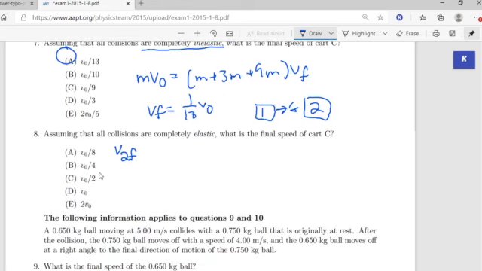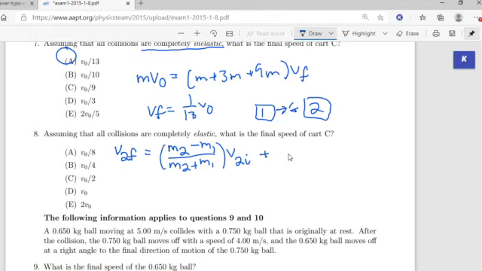And so the formula for that is actually, I believe, v sub 2 final equals m sub 2 minus m sub 1 over m sub 2 plus m sub 1 times v sub 2 initial, plus 2m sub 1 over m sub 2 plus m sub 1 times v sub 1 initial.